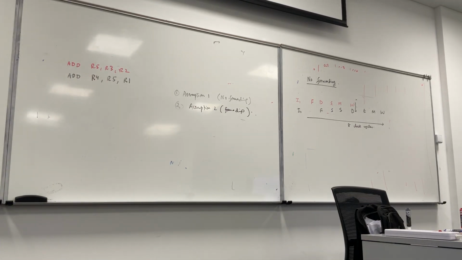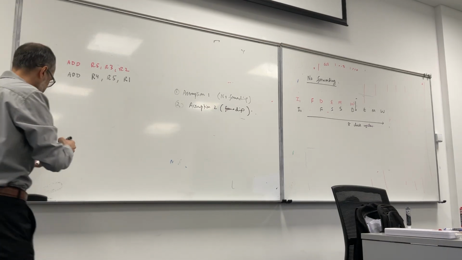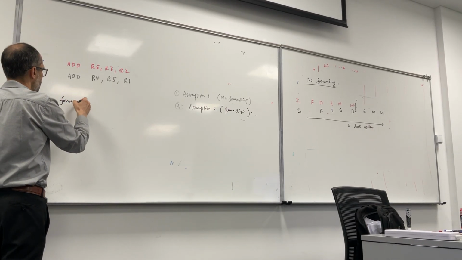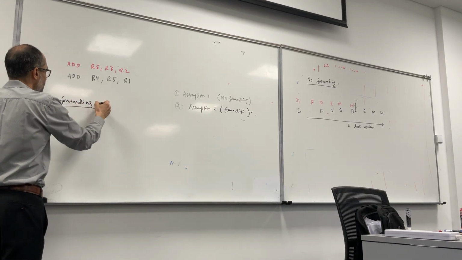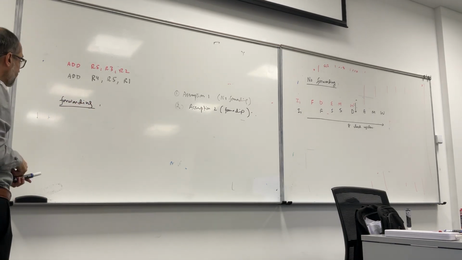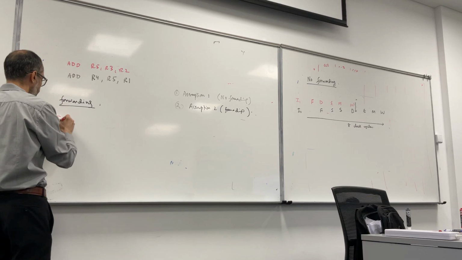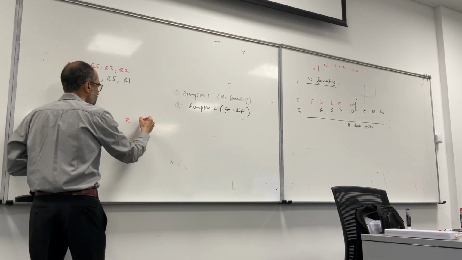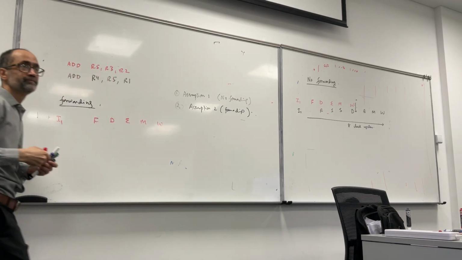So that is with no forwarding. Now we have another assumption. We have forwarding here. If you have the forwarding assumption, now I1 is fetch, decode, execute, memory, and write back.